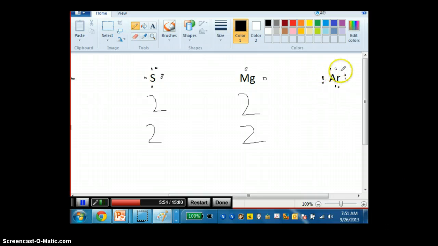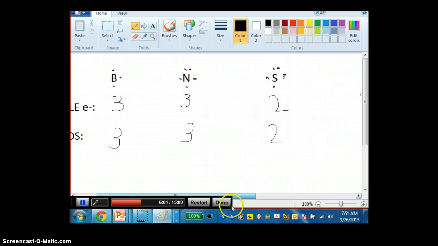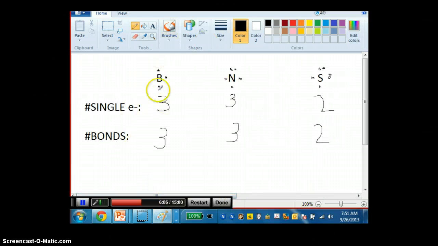Okay, it has 4 pairs. That means it has 0 unpaired electrons. If it has no unpaired electrons, it can make no bonds. Okay, so this is what valence means. These outer electrons are put onto your Lewis dot diagram, and then you look at how many single electrons there are, and however many single electrons, that's how many bonds that particular element can make.